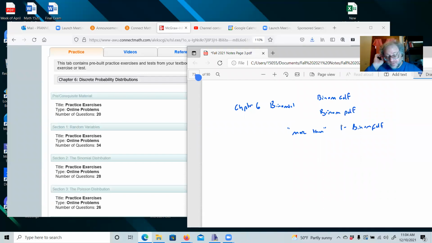If you have to write a little table or a little list out, like draw little brackets, 0, 1, 2, 3, 4, 5, and it says a probability of more than 4, what numbers are more than 4? Oh, 5 and above. If they say fewer than 4, well, what numbers are fewer than 4?